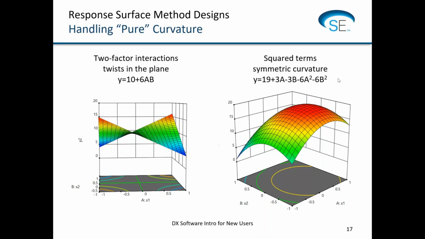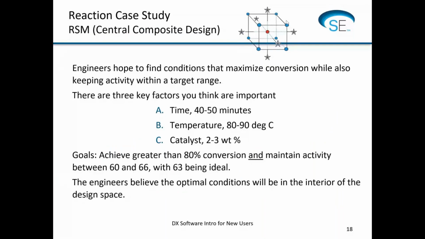Okay. So when we really want to optimize something, and we think the optimal conditions would reside inside the cube, inside the design space, then we're going to want to kick up to a response surface type design. There are several types, but the central composite design is probably the oldest and most used one. We have the original factorial, the blue dots, where every factor is tested at the high and low combination against all the other factors.